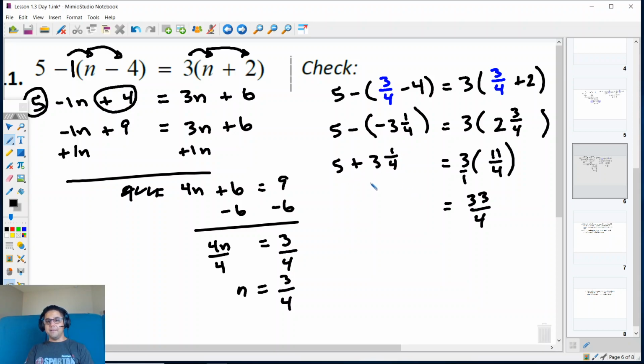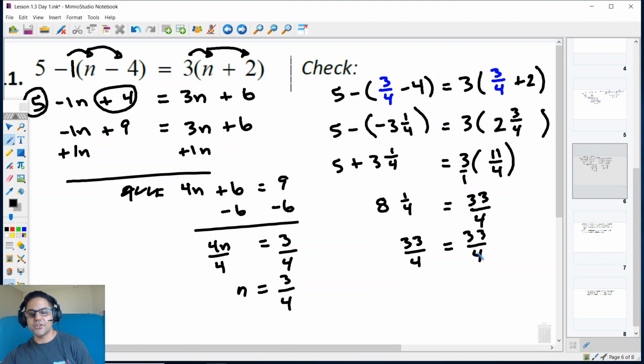But I can add those up, which would give me 8 1/4. Let's see, 4 times 8 is 32, plus 1 is 33. Oh, very nice. So even though it gave me some weird fraction answer, I was able to substitute and check it and practice my skills with fractions like we practiced the first week of school, and it looks good.